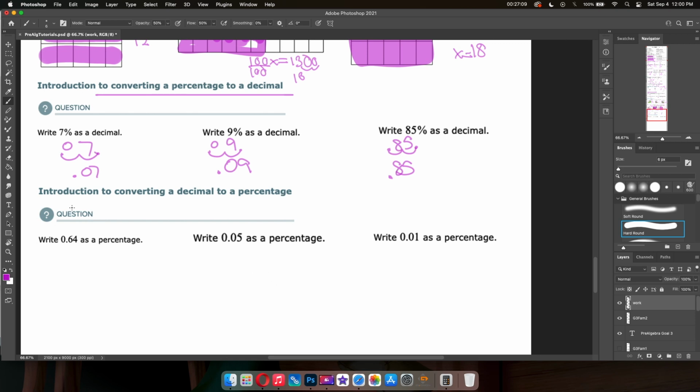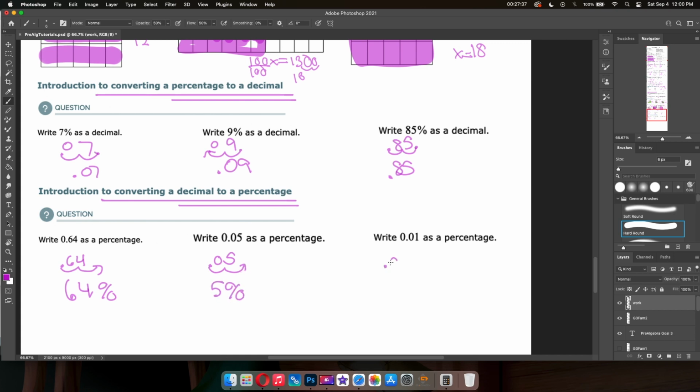And now the last thing to do is to do the reverse of that, to go from a decimal to a percent. So now instead of moving the decimal to the left, we're going to be moving the decimal to the right. So 0.64, I'm going to move it over 2 to become 64%. 0.05, I'm going to move the decimal to the right 2, and it becomes 5%.